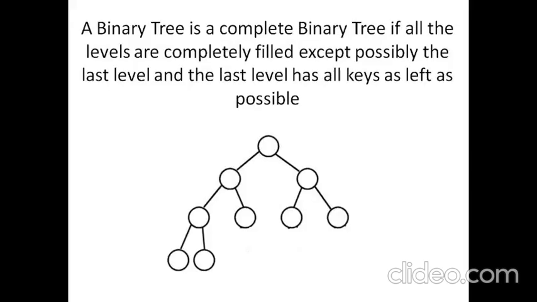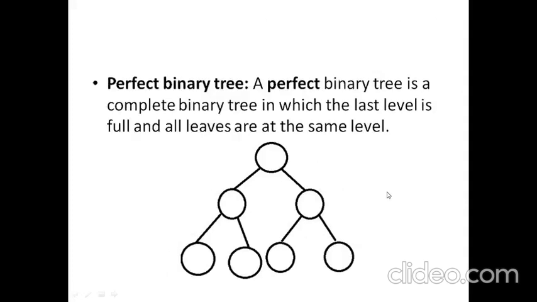A complete binary tree can be such that except the last level, all other levels have to be full. So the last level is exempted in a complete binary tree, but if that is also included, then it's called a perfect binary tree.